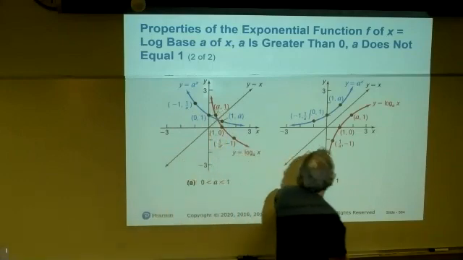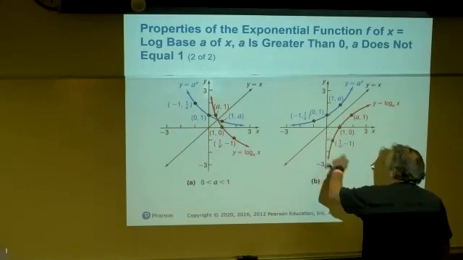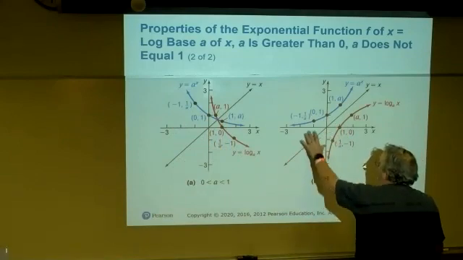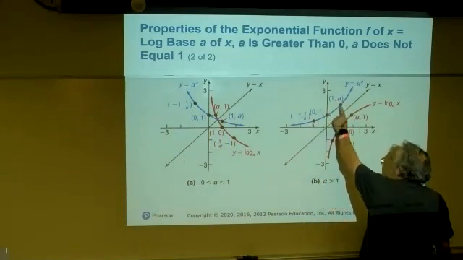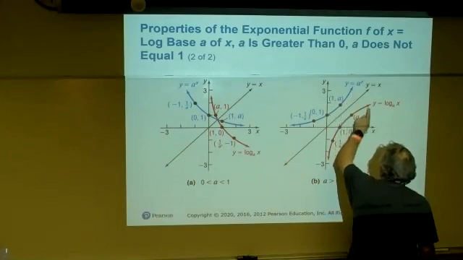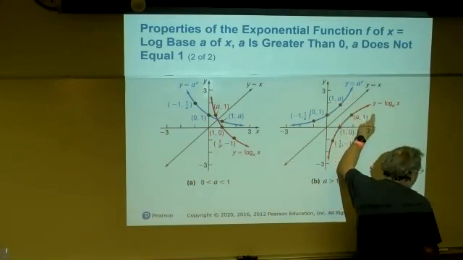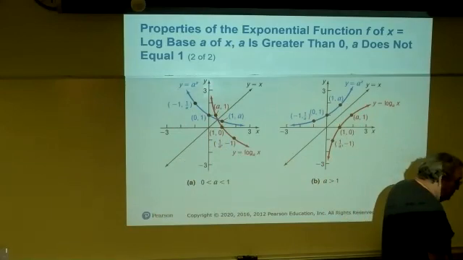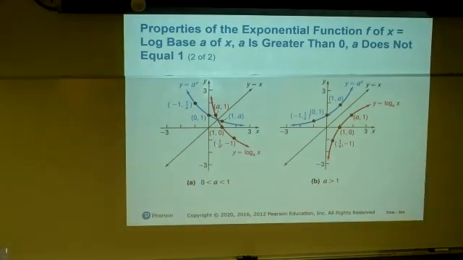Same thing over here, do the exact same thing, except now both of them are increasing, where this is the exponential and this is the logarithmic. The exponential grows faster than the logarithmic.